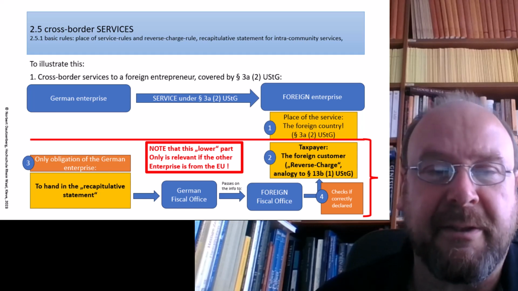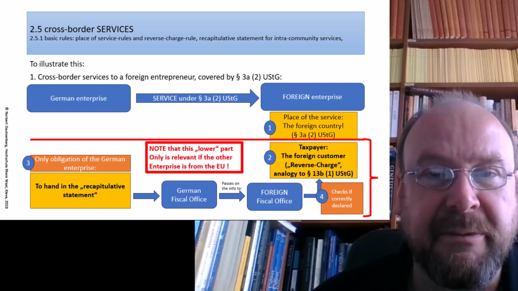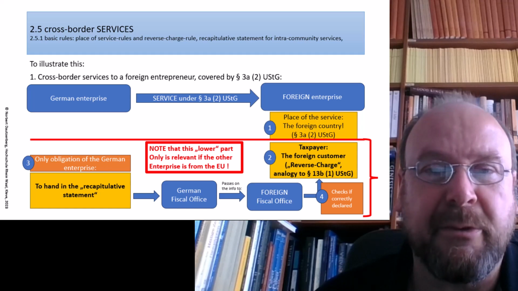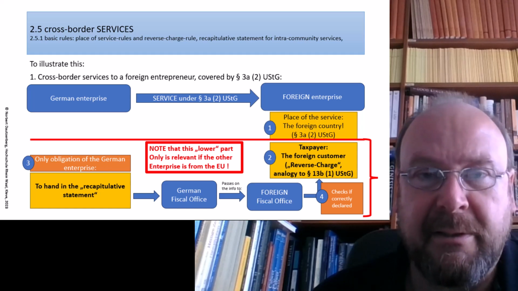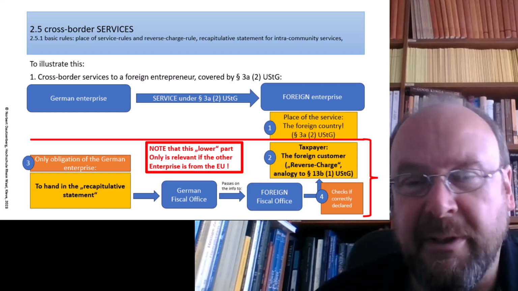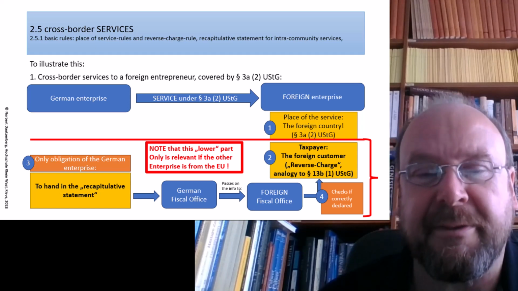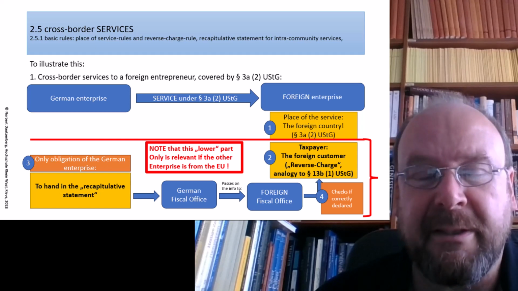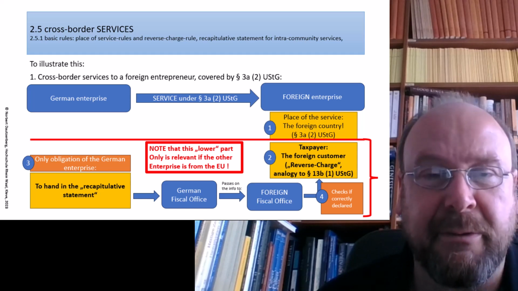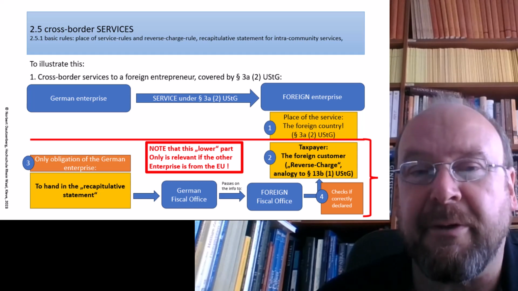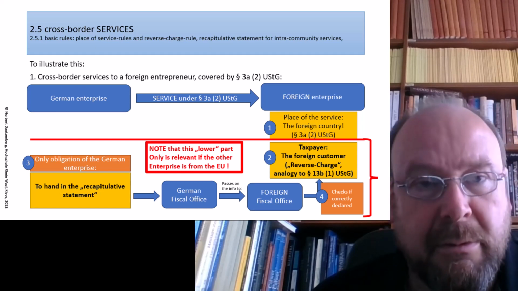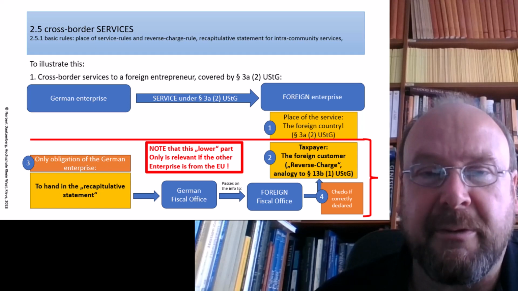So if you render a service which is covered by 3A2 to a business customer who is, let's say, established in England or in the US or in Australia or in faraway Eastern countries, then only the first consequences take place, that the service is not taxable in the inland, and all the rest we don't know because we don't know the foreign law in case of a non-EU state. Well, that is already an achievement or a result.